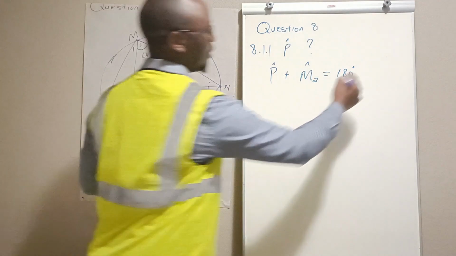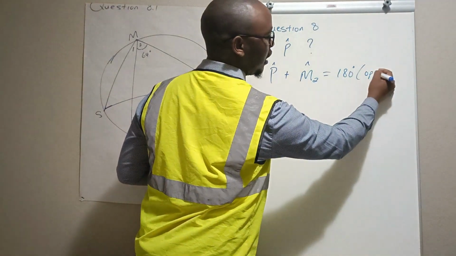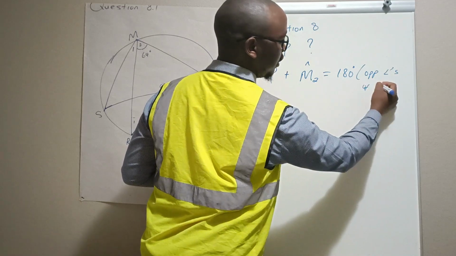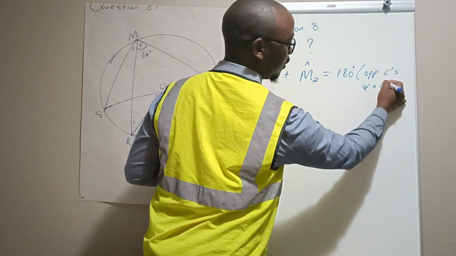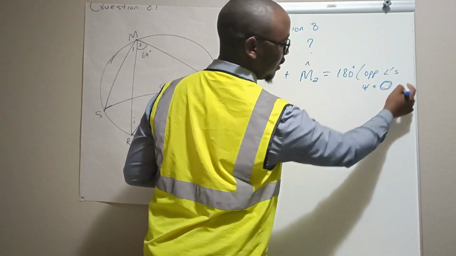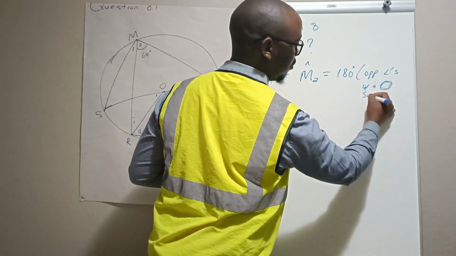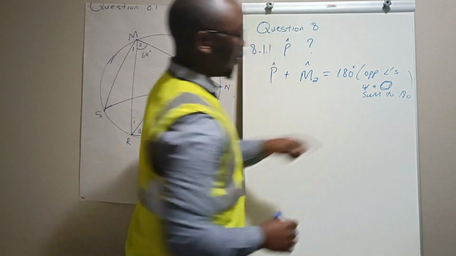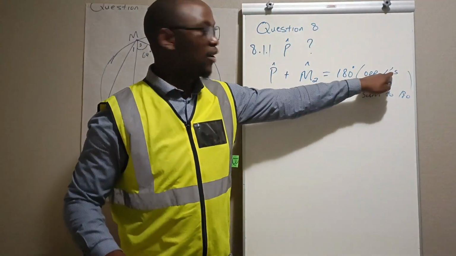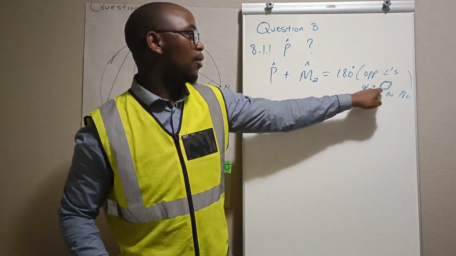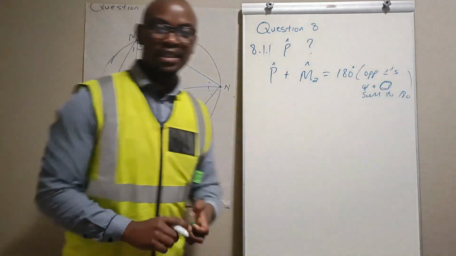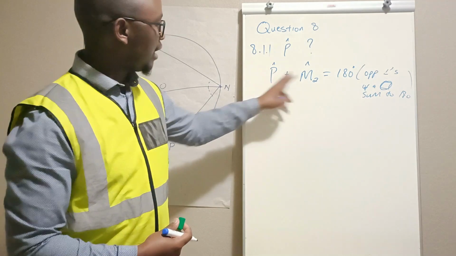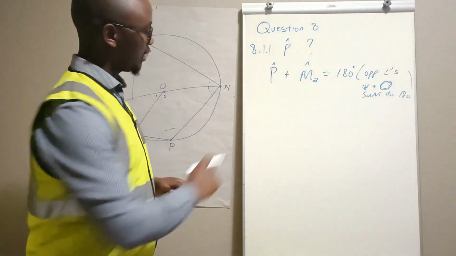The reason being, opposite angles of a cyclic quad should sum to 180 degrees.